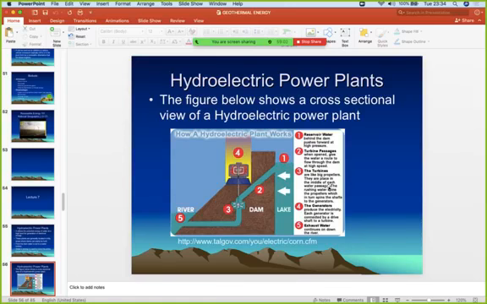The turbines are like big propellers. We have the Francis turbine, the mixed propeller turbine, and, from the table I gave you last time, the Pelton turbine.